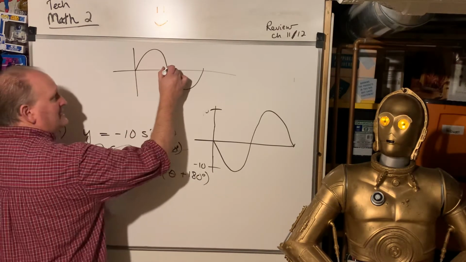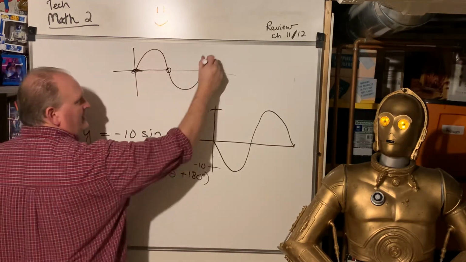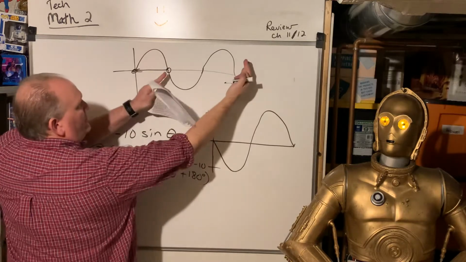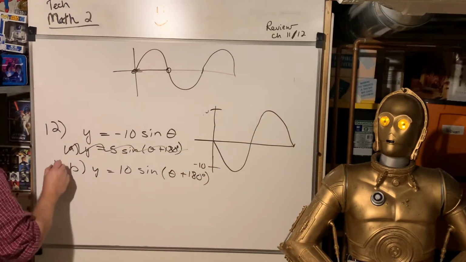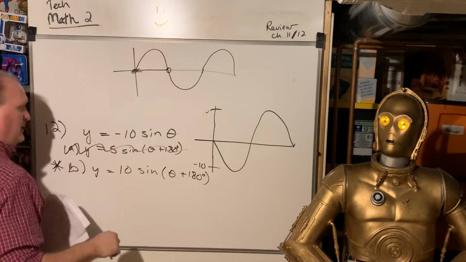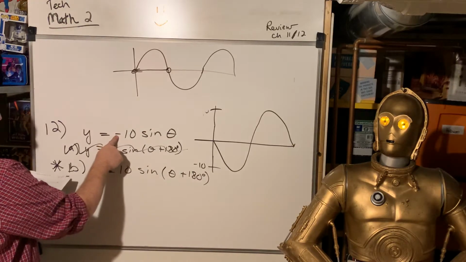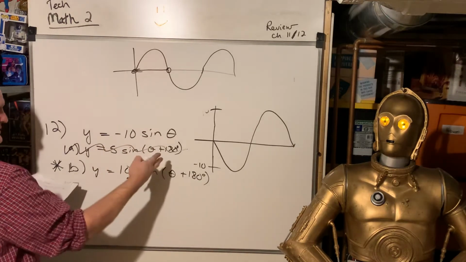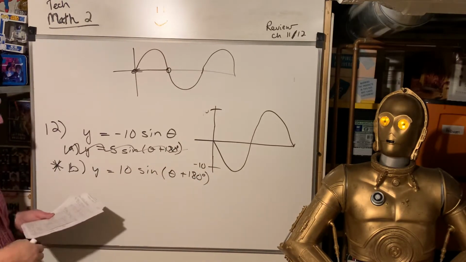So we would take this dot and it would move it here 180 degrees. And then we would have exactly that sine wave. If you picked it up and moved it and dropped it down, we would have that. So B is one of the correct answers. It matches that one exactly. So if I invert it by throwing a negative in front of it and not changing the shift, that's the same as not inverting it and shifting it 180 degrees to the left.